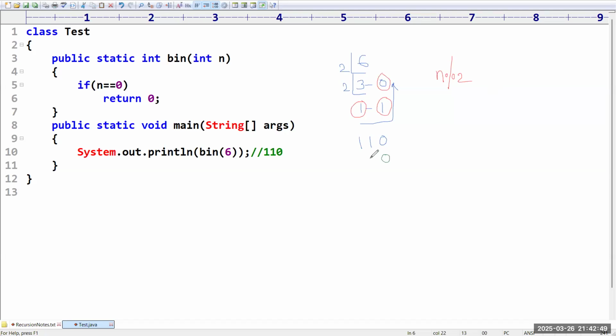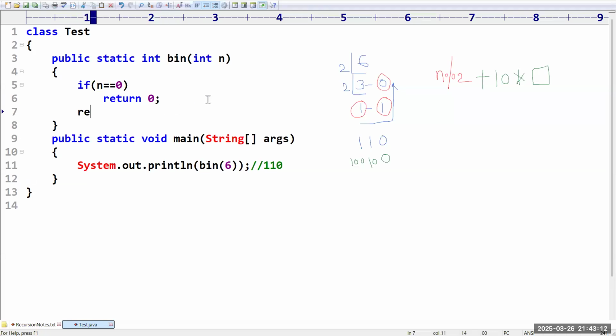It is at the 0th position, at the 10th position, the 100th position, correct? Can I say this one we have to add by multiplying 10 into the previous result we got? Am I right? Yes. That's all.